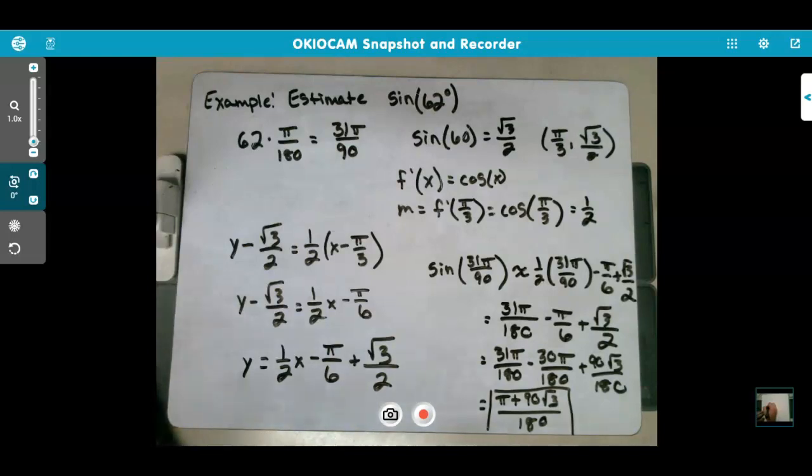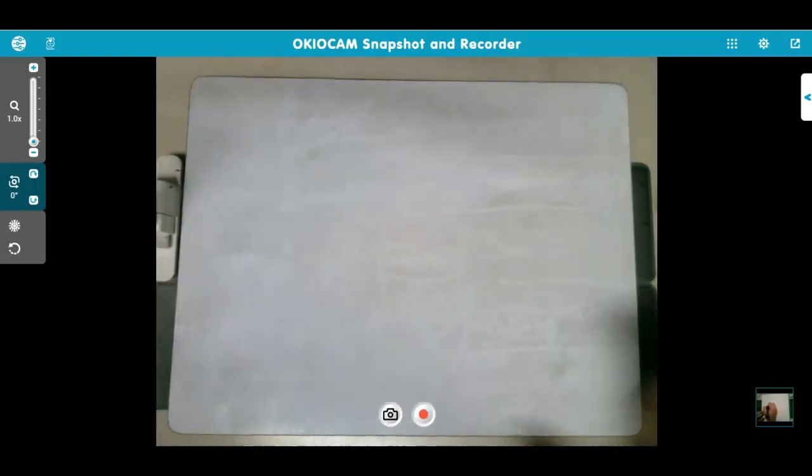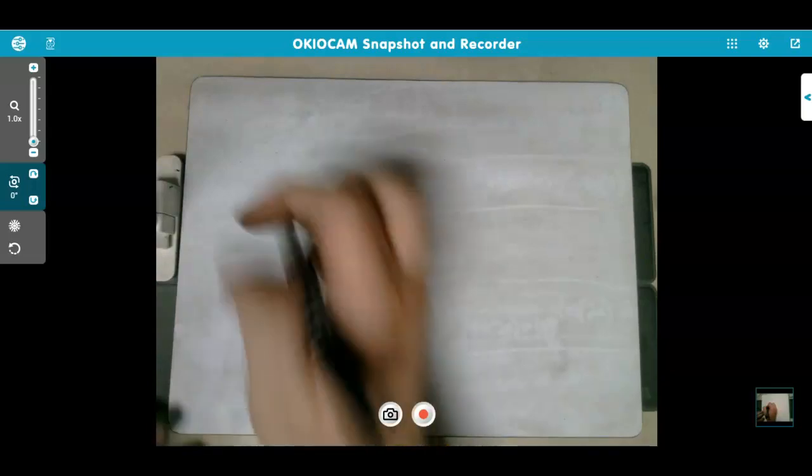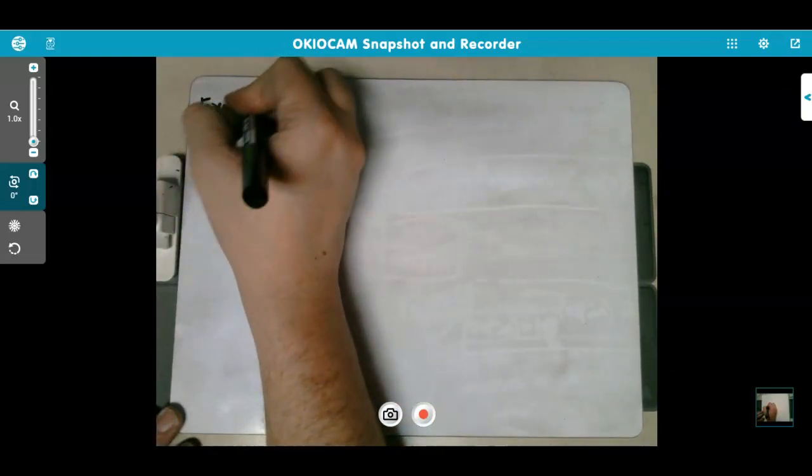One more example of linear approximation. Let us estimate 1.01 to the third.